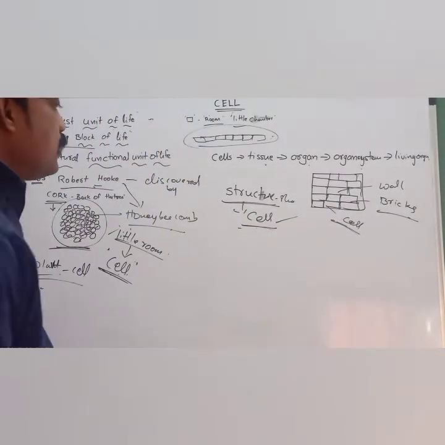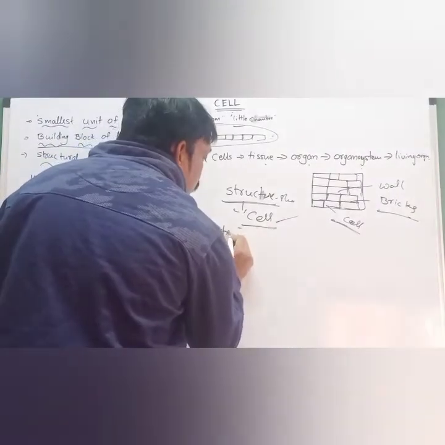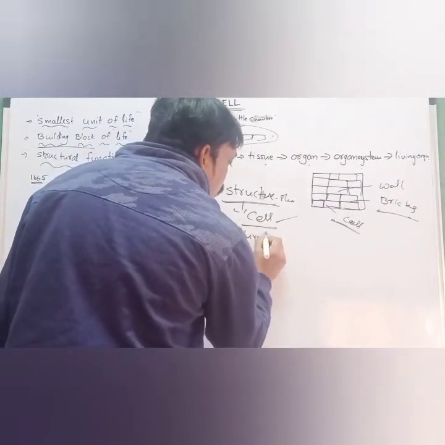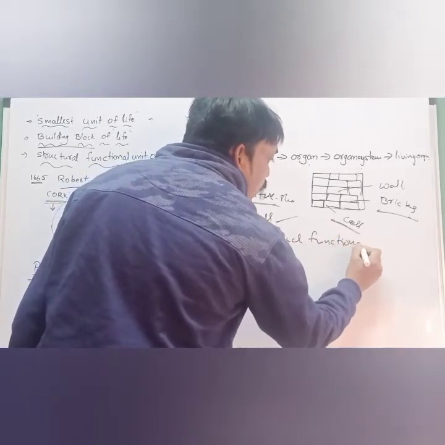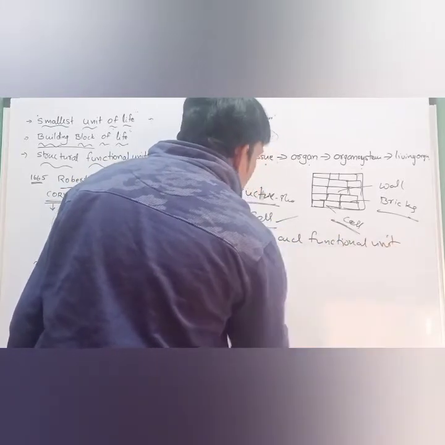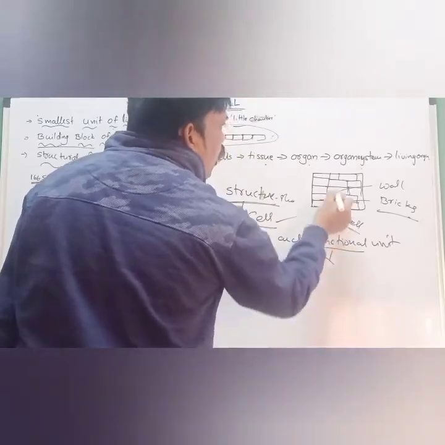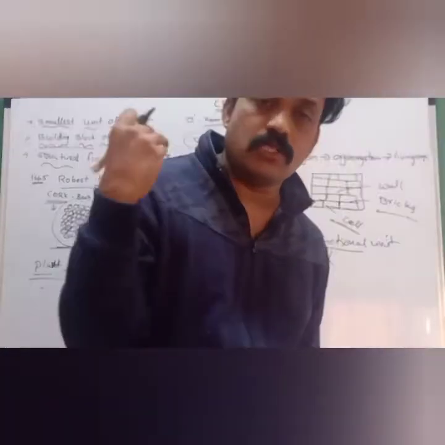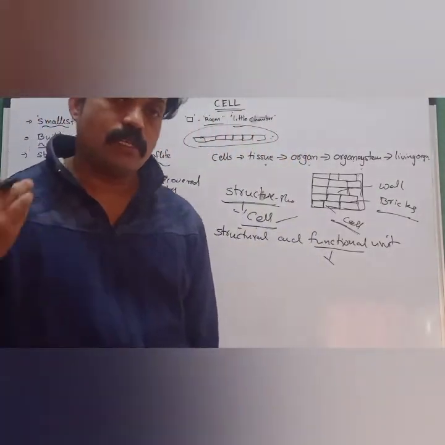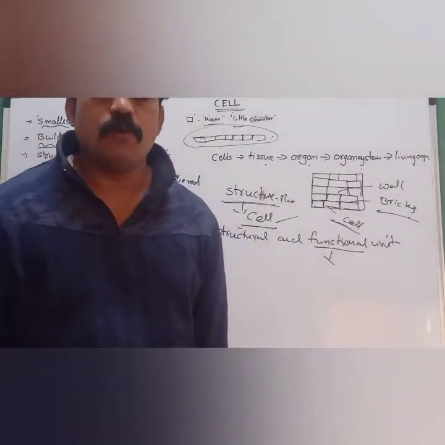And the second point, the structural and functional unit. Functional unit means organ systems are there. What is the use of them? The respiratory system, digestive system, circulatory system, excretory system, and even in plants, metabolic activities like photosynthesis.